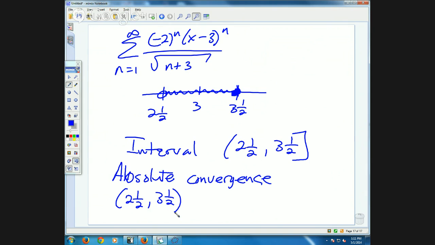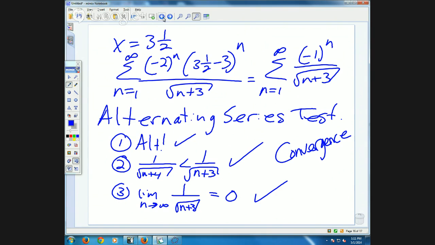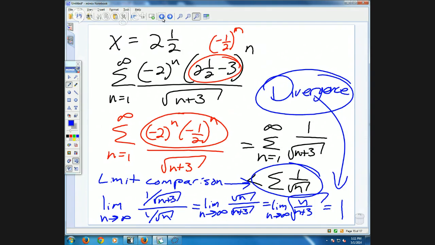Why isn't it absolutely convergent at 3.5? No, we just said it's convergent. Yeah. So to be absolutely convergent, that means if we strip the signs, it also converges. But the previous page tells me if I strip the signs, it diverges. So that's kind of cool. One endpoint is the positive version, the other endpoint is the alternating version. That's pretty cute.